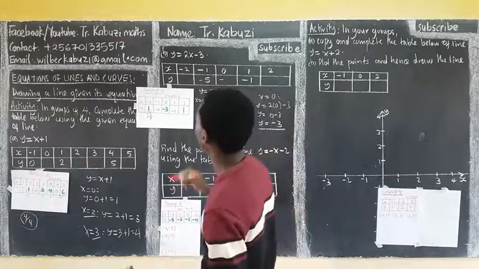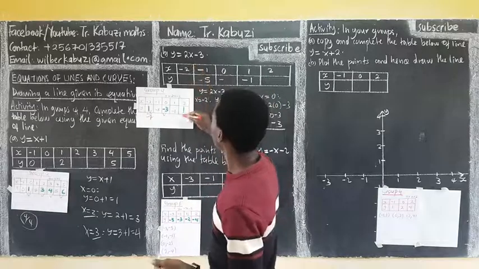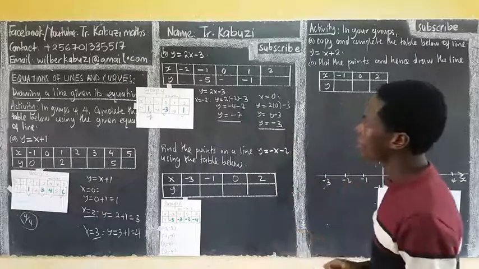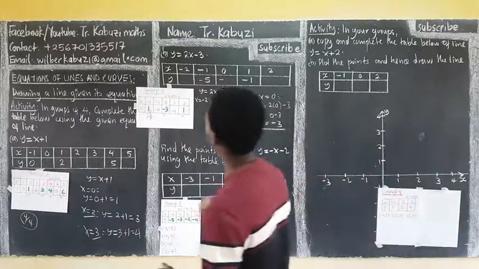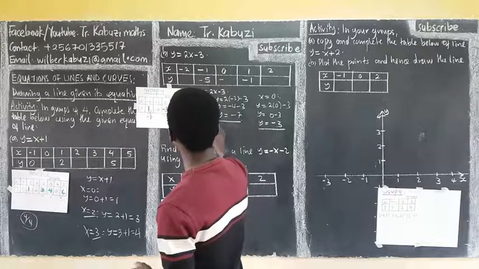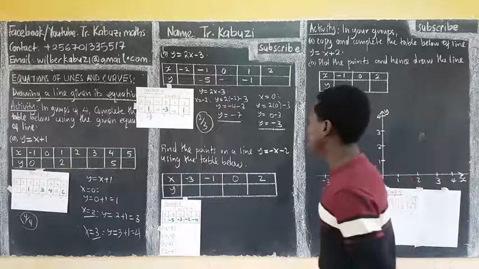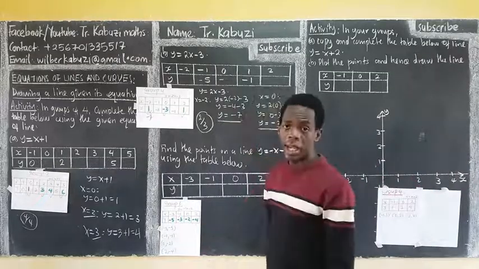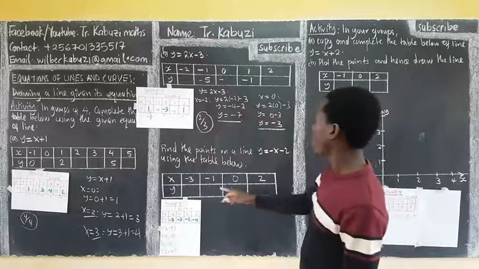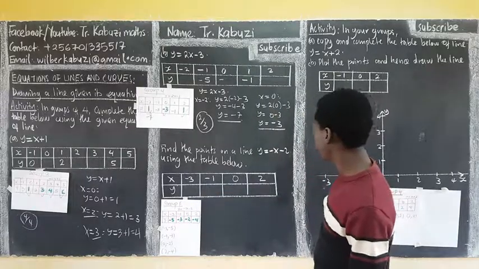So this is okay. Then when x is 2, when we put there 2, they got 2 up to 3. Okay, when we come to this group, they wanted them to get the points. When x is negative 3, they have negative 5.